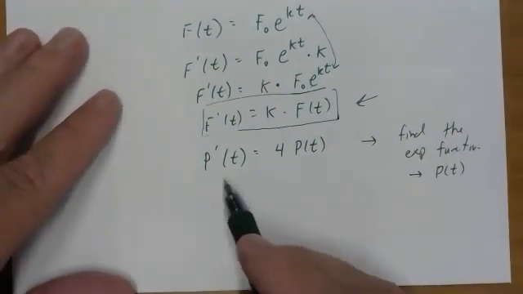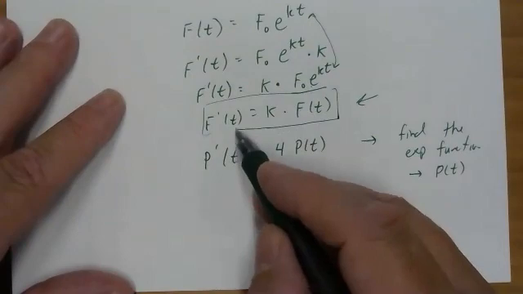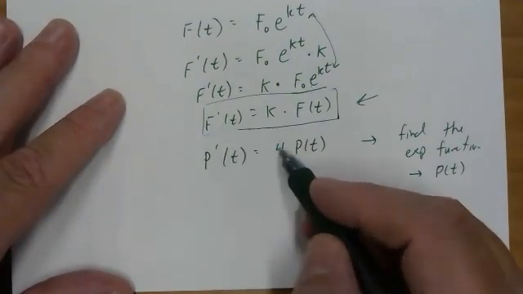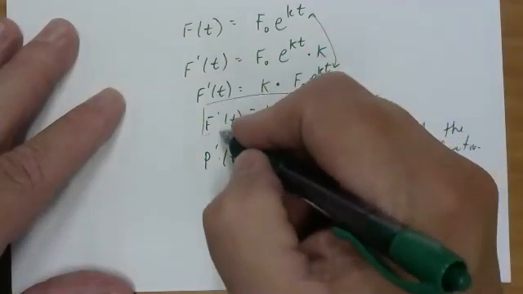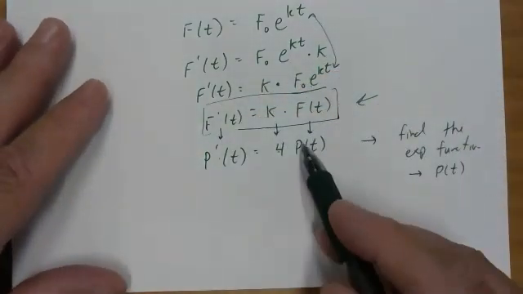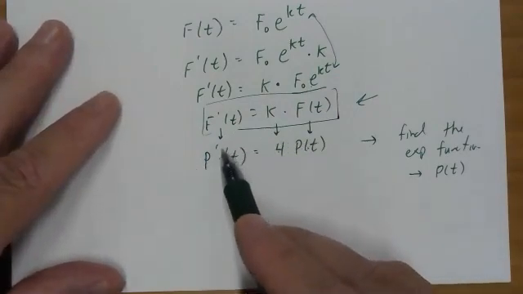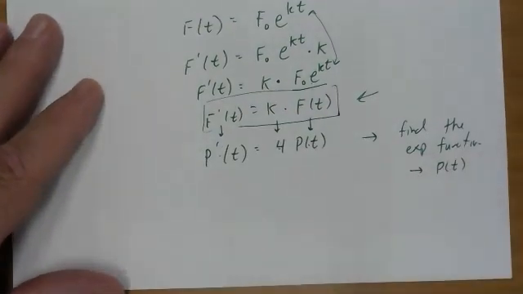So what that means is, as soon as they give me this, because look, this matches up with this, right? I've got the derivative, I've got a constant or a number here, and I've got the function. So these things perfectly line up. And you know what that says? That says this original function is an exponential function.